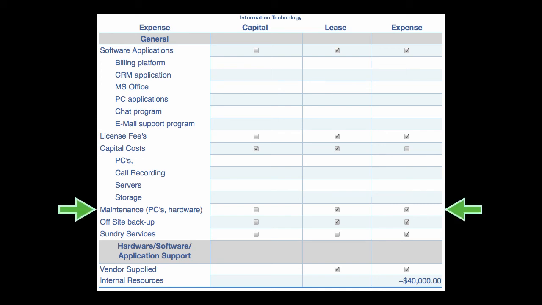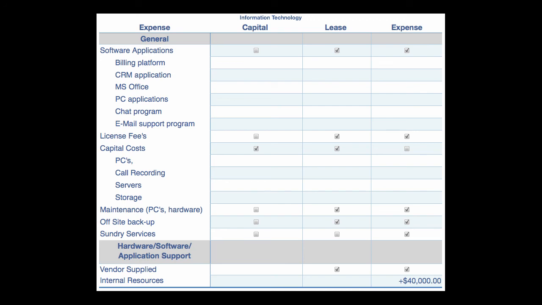Then, of course, the ongoing and ever-present maintenance for that kind of hardware. Now, a relatively new trend, a lot of companies are now taking call recordings and other screen scraping recordings and moving those off-site because of compliance requirements or just because it's a wise thing to do. So you may have some off-site storage and backup facilities that need to be part of your budget.